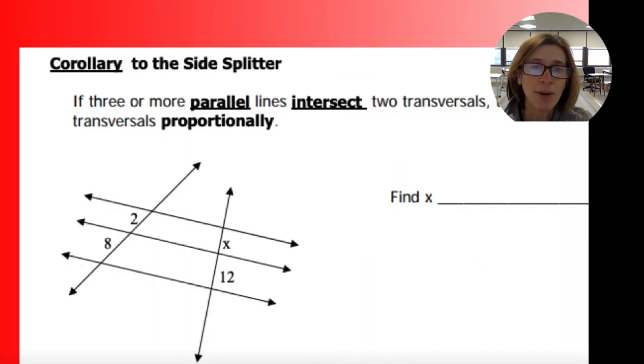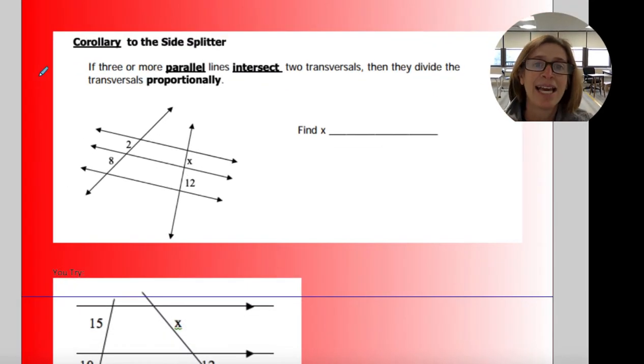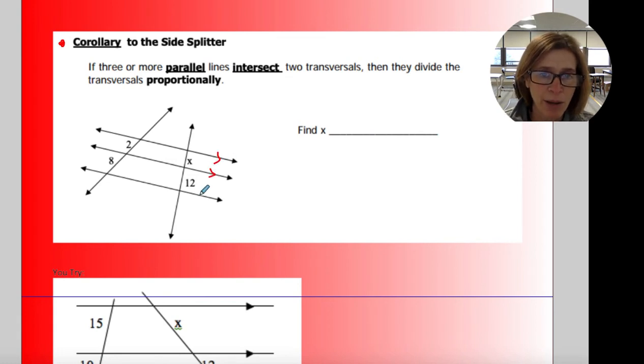All right, so the side splitter theorem actually can be extended to any time we have parallel lines that intersect transversals. So here's an example. We call it the corollary to the side splitter theorem. Here I have these three parallel lines. So let's mark them all parallel, okay? And they intersect two transversals.